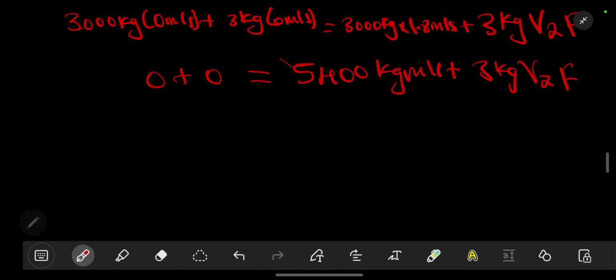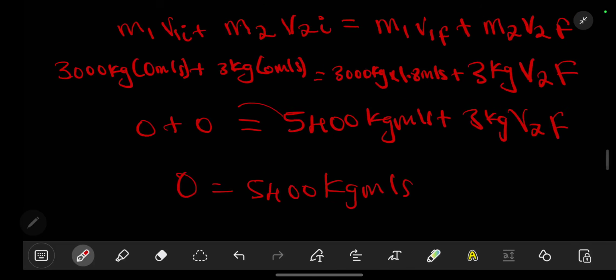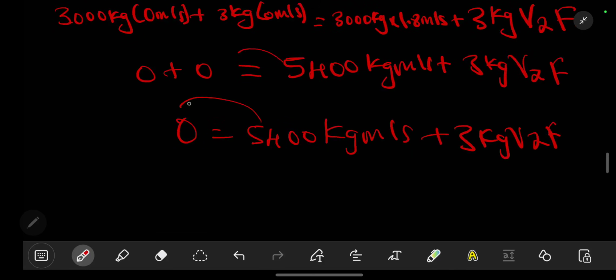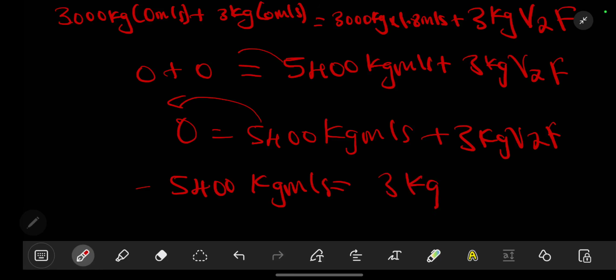So we have 0 equal to 5400 kg meters per second plus our 3 kg v2 final. When this goes to this side, we have negative 5400 kg meters per second equal to 3 kg v2 final.